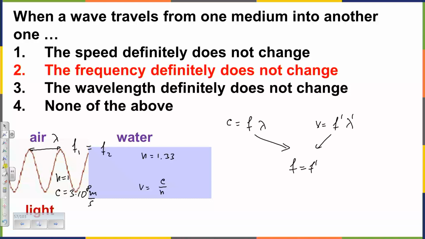This is this, which means this is this, which means the speed of light in vacuum divided by the speed of light in the medium should be equal to the wavelength in vacuum divided by the wavelength in the medium. But this ratio has a name, index of refraction. So it turns out the wavelength should change by the factor of n.